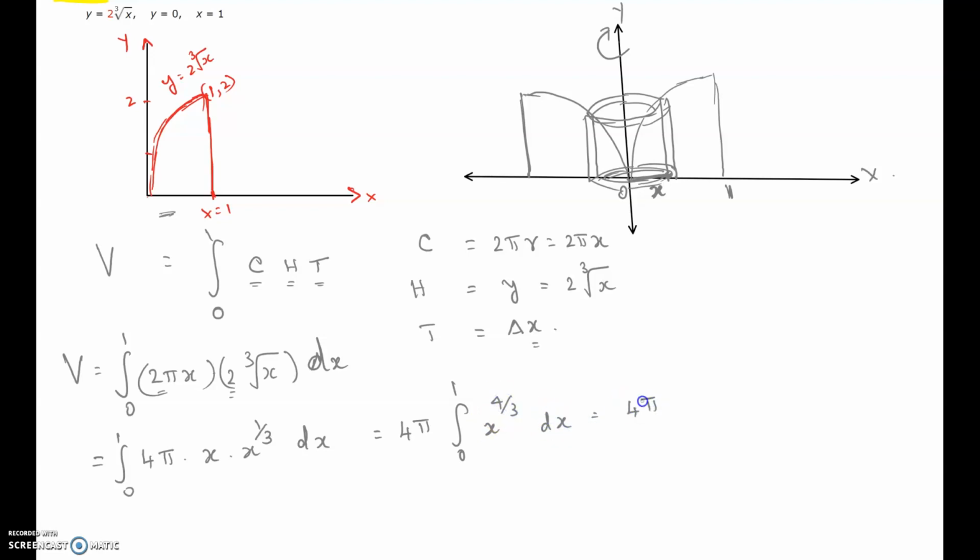Integrating, it is 4 pi times x to the power 4/3 plus 1 over 4/3 plus 1, between the limits 0 and 1. If you flip 7 over 3, it is 3 over 7, times 1 minus 0. So it is going to be 12 pi over 7 cubic units.